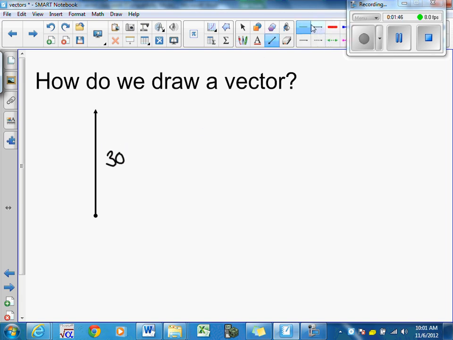Now, if I had that vector, notice one of the things it does not say is where it is located. I could go 30 miles north in Smithville, or 30 miles north in Orrville, or 30 miles north in Worcester. Anywhere I move that vector, it is still the same vector.